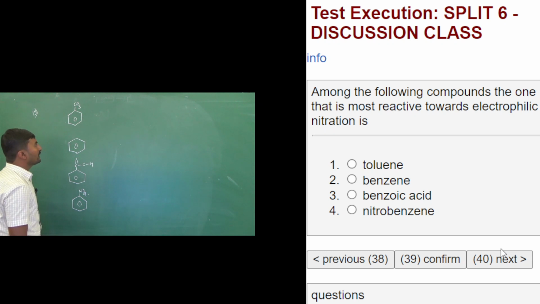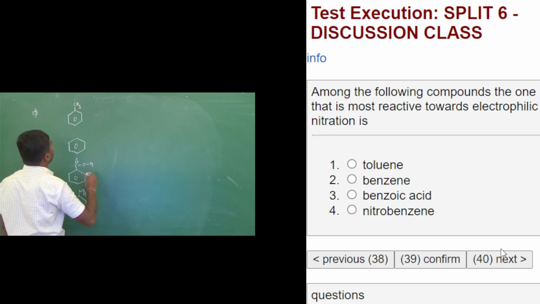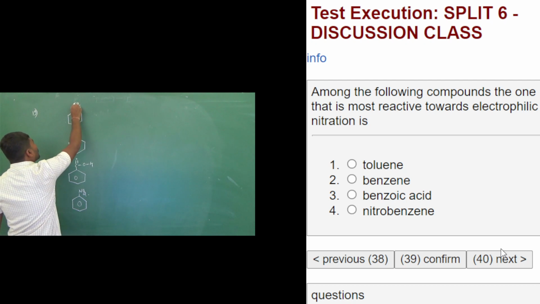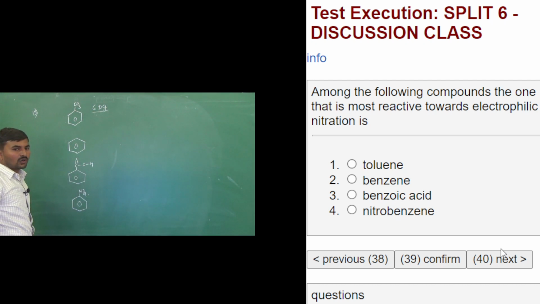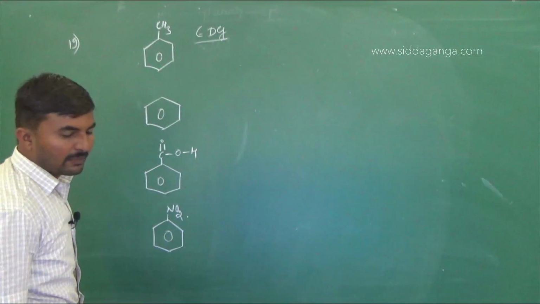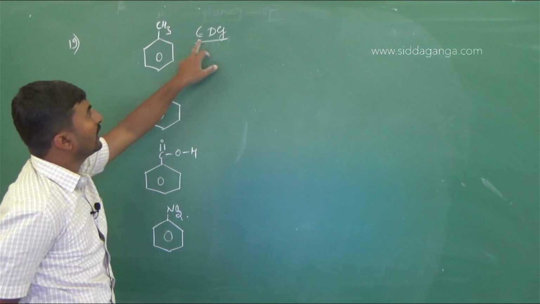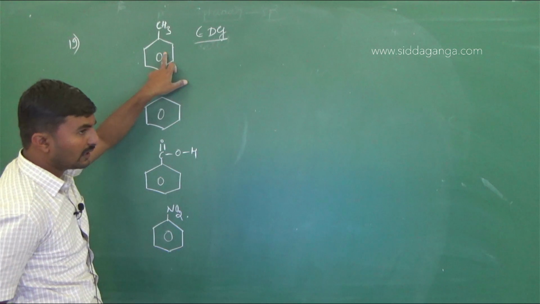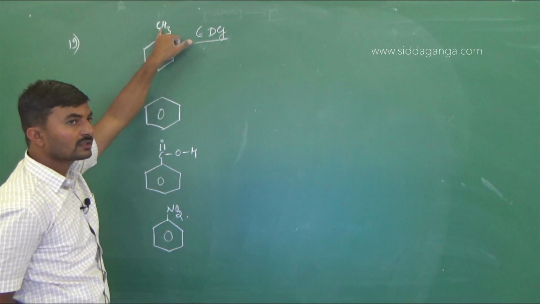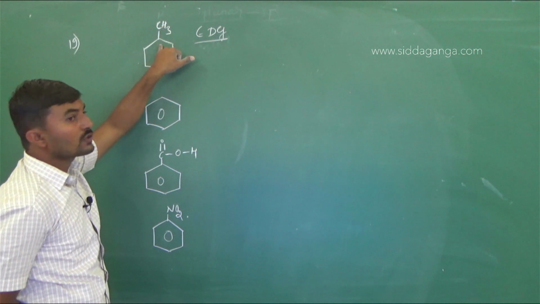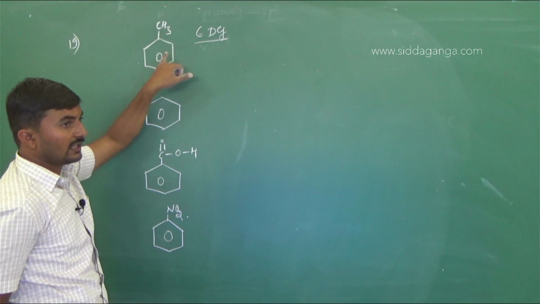For electrophilic substitution to happen, the nature of the group attached to the benzene ring should be an electron donating group. The presence of an electron donating group over the benzene ring induces electron density into this benzene ring.